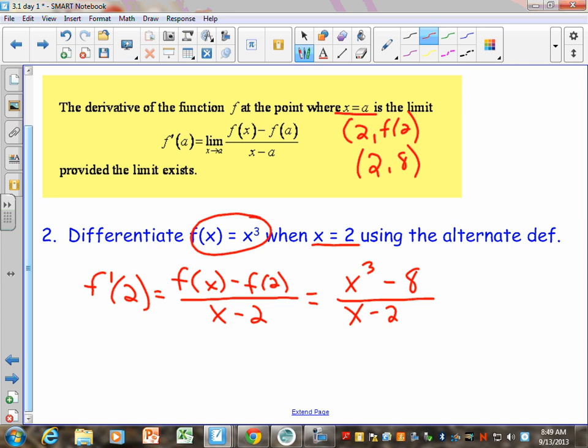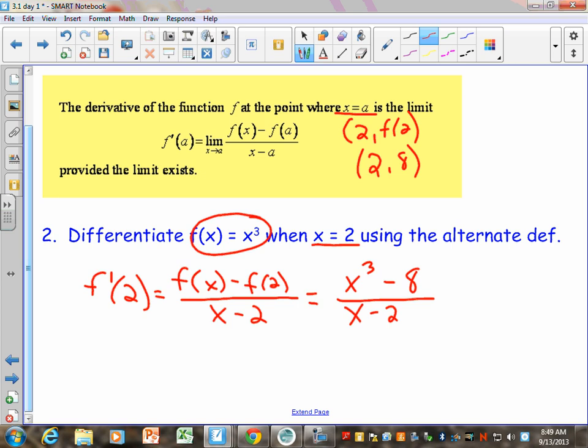Isn't that kind of what this looks like? It's not exactly, but I have my y's on the top and my x's on the bottom. So a is the specific point that we're talking about, at the point 2, 8, but f of x and x is just any value, so we have to keep the x in the problem. Does that make any sense at all?